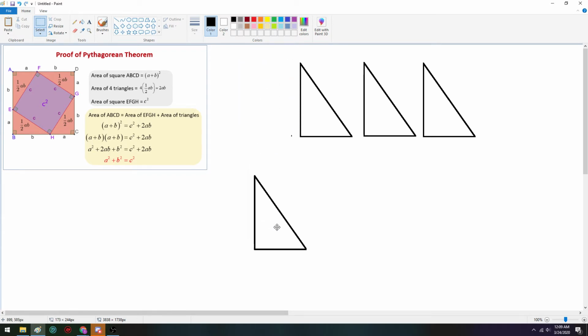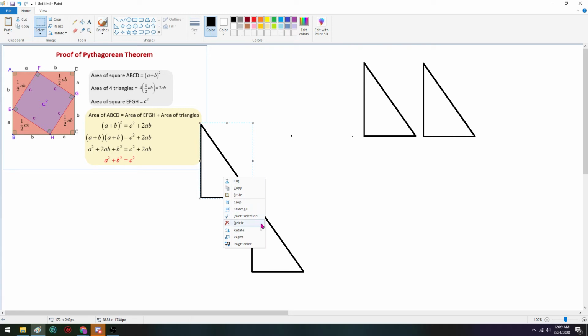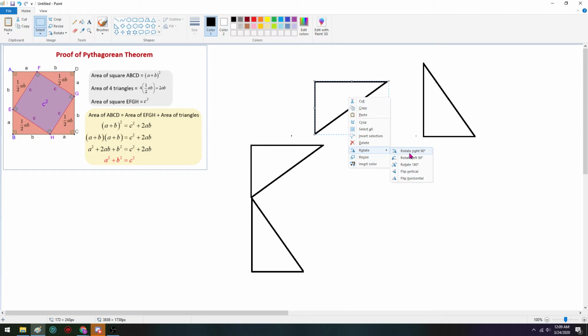So I'm going to take this first one, we're going to move it right down, take our second triangle, we're going to put it here, and we're going to rotate it to the right 90 degrees. Let me readjust that. Our next triangle, we're going to do the same exact thing. We're going to take this, put it right here, rotate it twice.